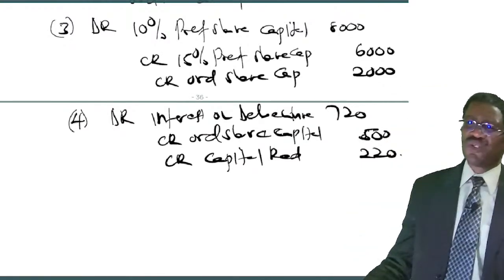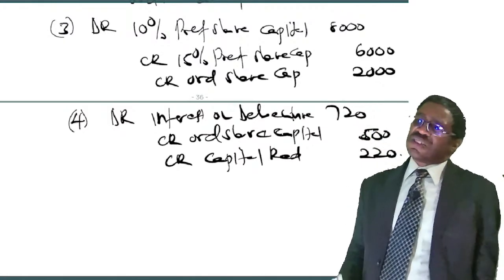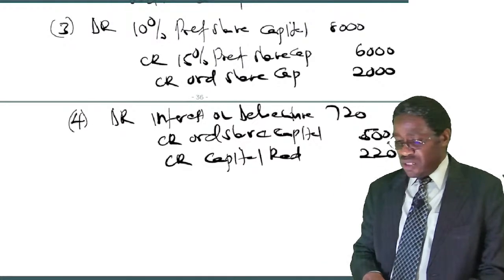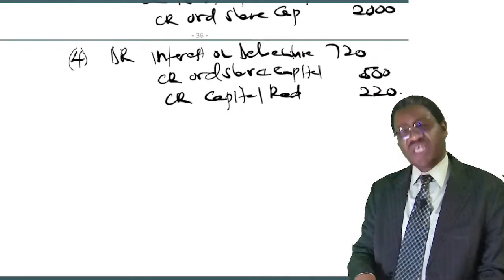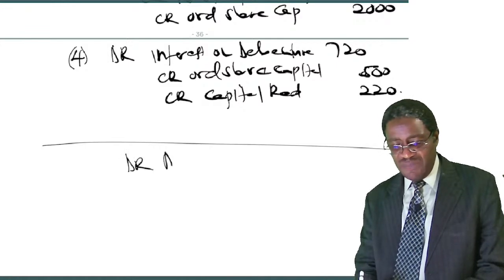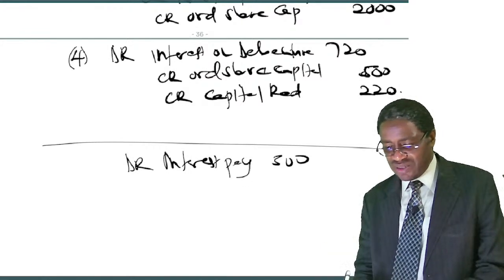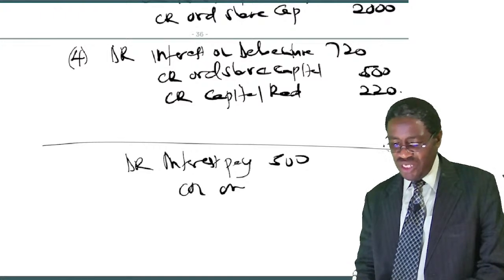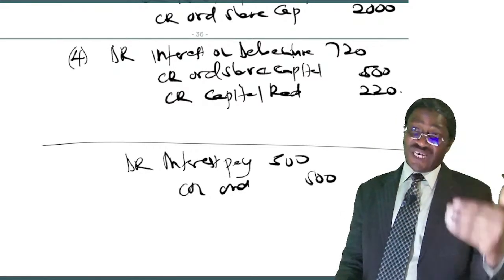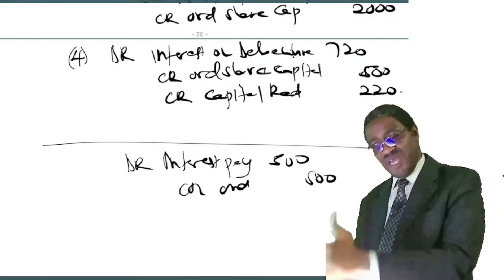Now, I hope you still know this. Listen carefully. Somebody else could have made this as 2 entries. No problem, I want to explain. Don't copy the next one. Somebody would have said debit interest payable or interest on debenture by 500, credit ordinary share capital by 500, with the narration being the issue of ordinary shares as payment of debenture interest.